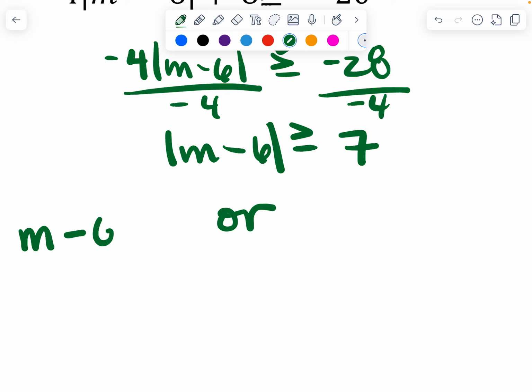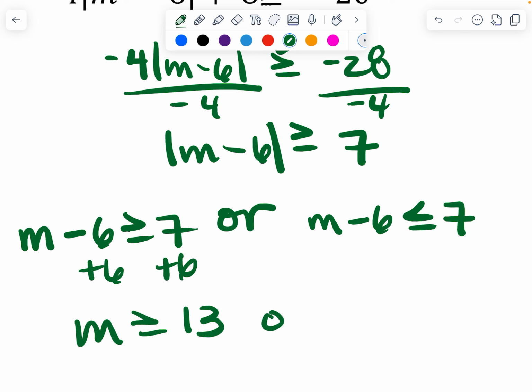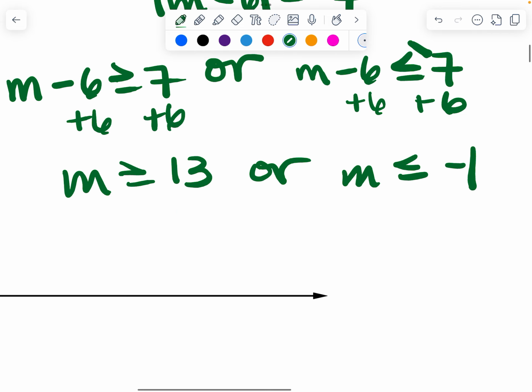So I have m minus 6 is greater than or equal to 7, or m minus 6 is less than or equal to negative 7. I add 6 to both sides. I get m is greater than or equal to 13, or add 6. Oh, nope, this should have a negative 7 on it. I knew something looked weird. So that would be negative 1.